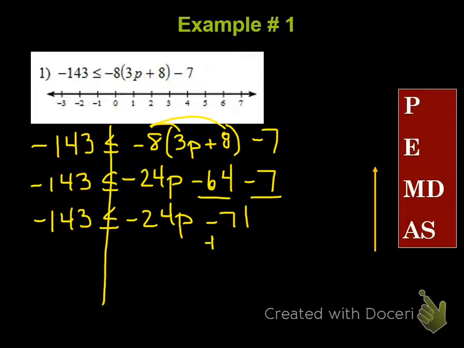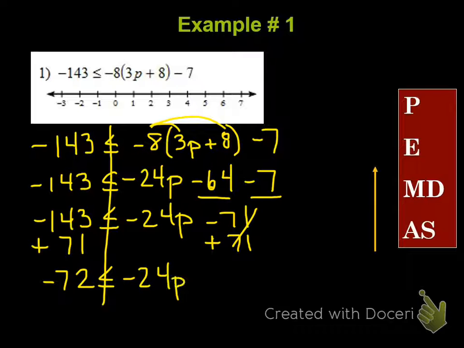So now I'm going to solve for p. So I'm going to add 71. And I'm going to simplify this here. So I get negative 72 is less than or equal to negative 24p. My last step is to divide by negative 24.